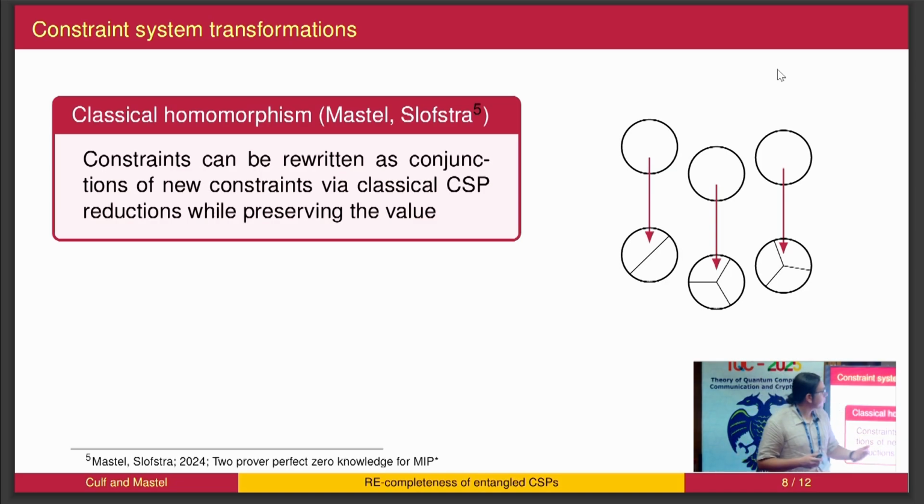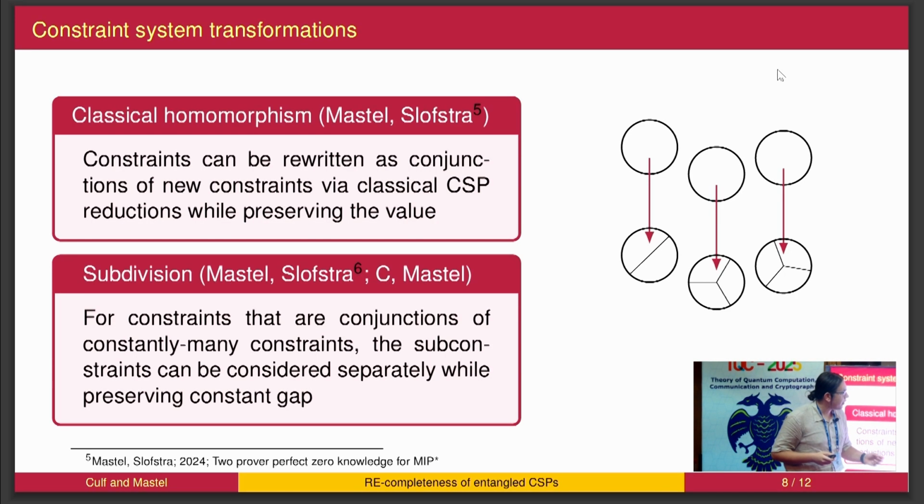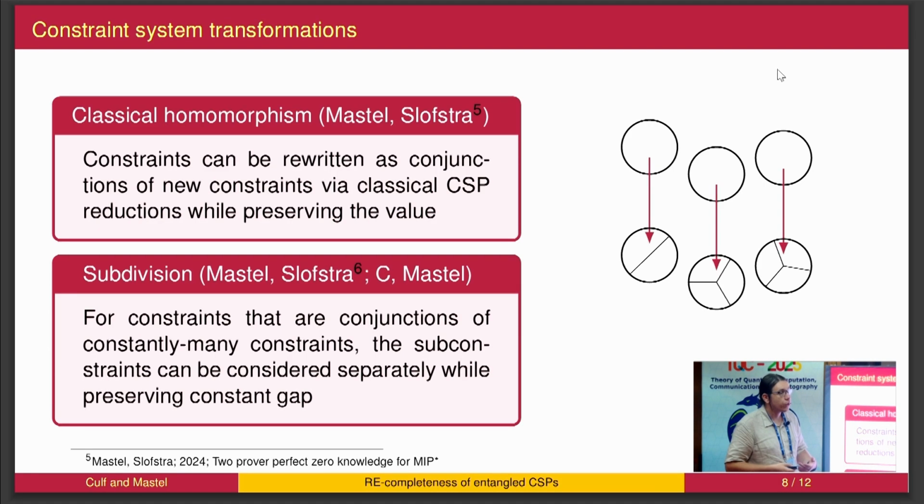Say, for example, 3-SAT. The second general reduction that we make use of is based on our improvement of an earlier reduction of Mastel and Slofstra that allows us to split apart these conjunctions of constraints into single constraints that get asked separately in different rounds of the game.